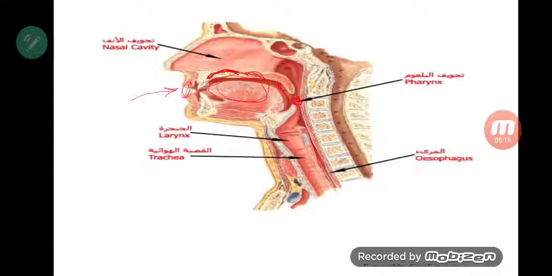Then we have the esophagus. Here is the trachea, which is part of the respiratory system, and here is the esophagus, which is part of the digestive system.